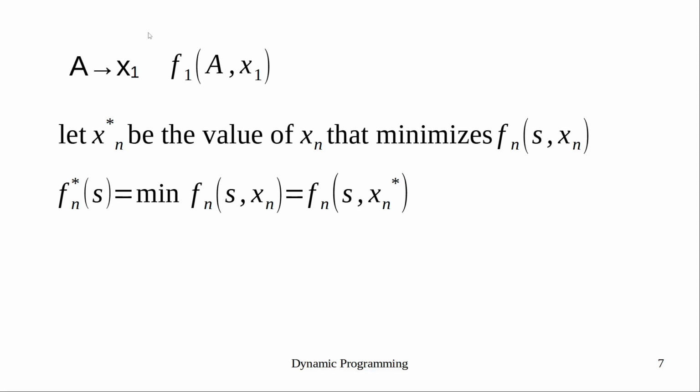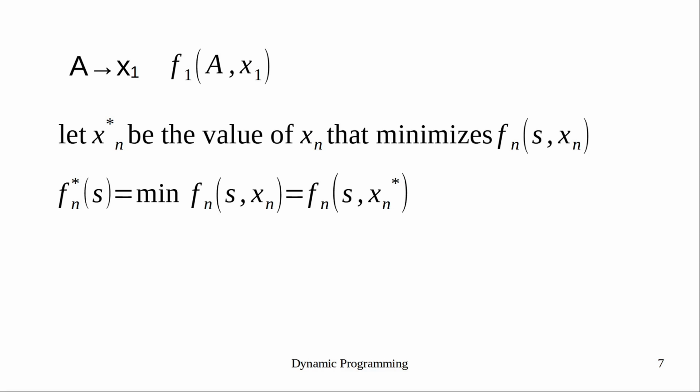Now let's take the stagecoach run X1 from A. If you want to go from stage 1 to stage 2, you have to take stagecoach run X1. So from A, if you have to go to either B or C, you have to take stagecoach run X1.